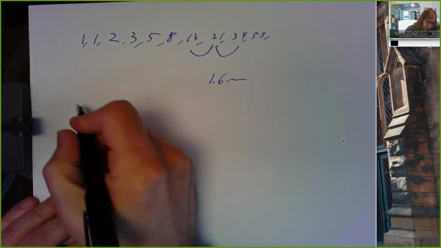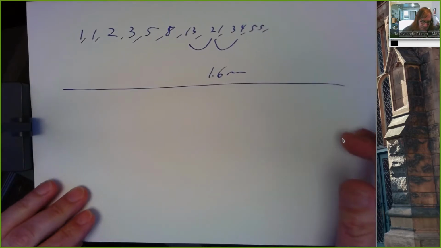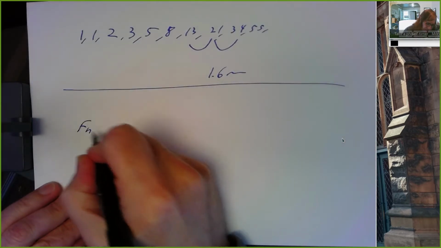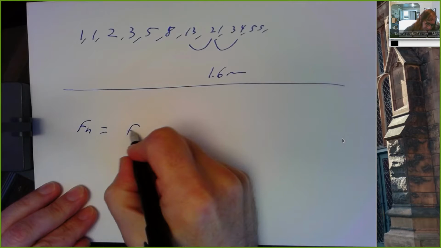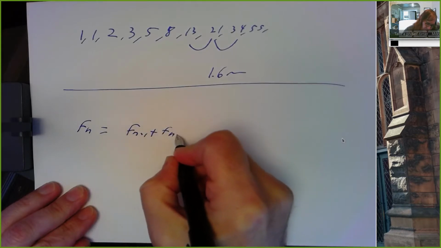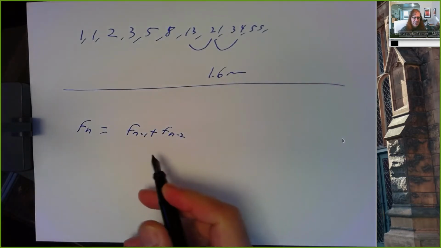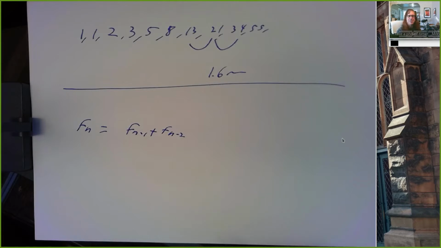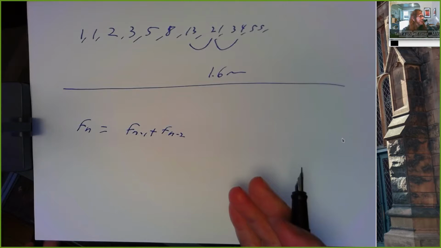It's interesting for us in this part of the course because we can define what's called a recurrence relation, which says the nth Fibonacci number is simply the sum of the two Fibonacci numbers before it. Now, we don't need to do this to calculate Fibonacci numbers.